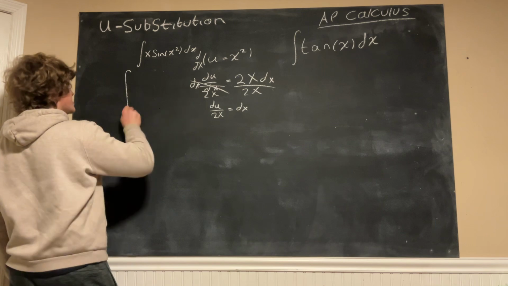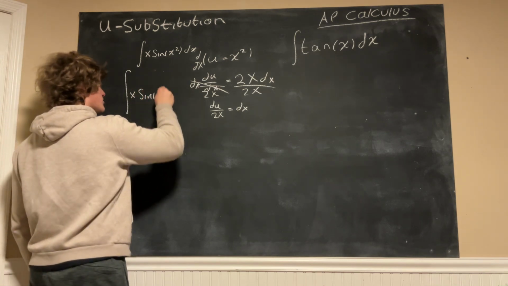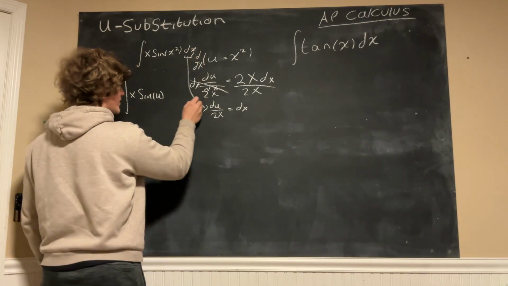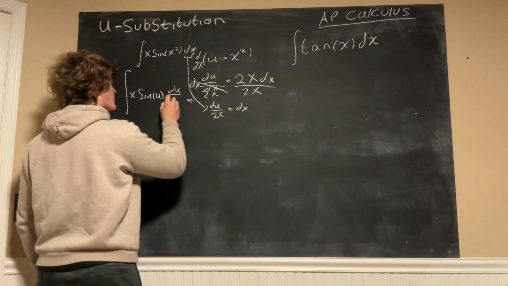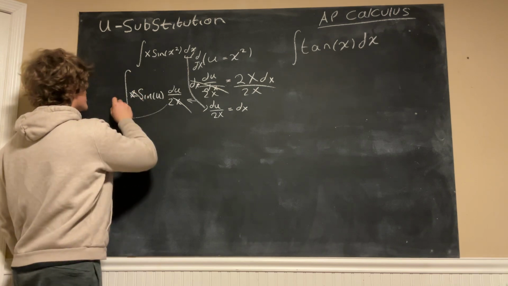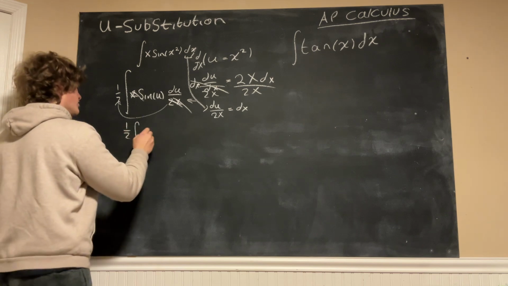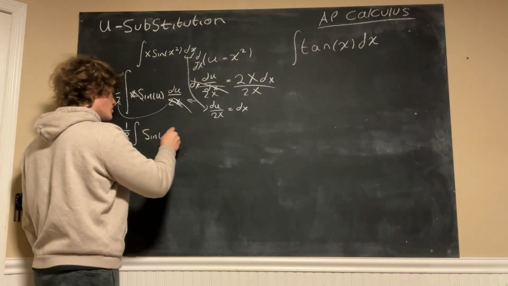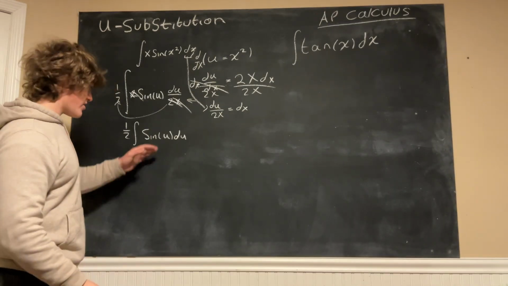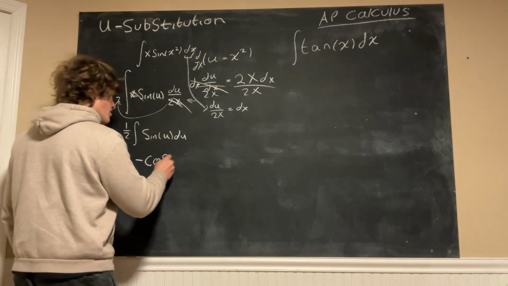So this becomes the integral of x times sine of u, and then we will replace this dx with du over 2x. Now these x's cancel, and we can bring this 1/2 on the outside, and then that 2 goes away. So we get 1/2 the integral of sine of u with respect to u, and the integral of sine of a variable with respect to that variable is just negative cosine of that variable.